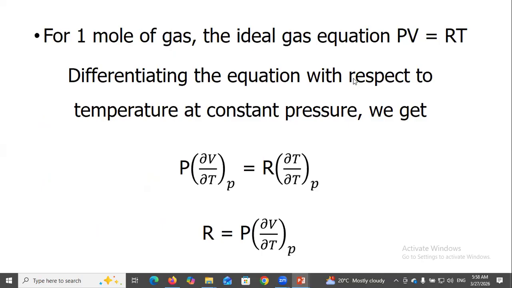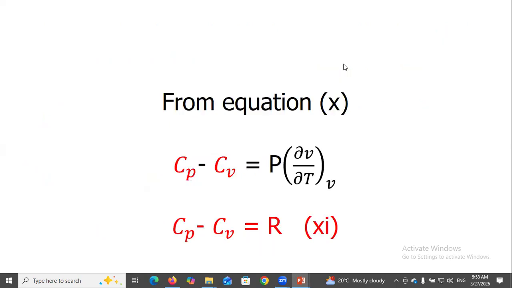For 1 mole of the gas, the ideal gas equation is PV equal to RT. Differentiating the equation with respect to temperature at constant pressure, P (∂V/∂T)p equal to R. So R equal to P (∂V/∂T)p. From the previous equation, Cp minus Cv equal to P (∂V/∂T)p. So we can conclude that Cp minus Cv equal to R.